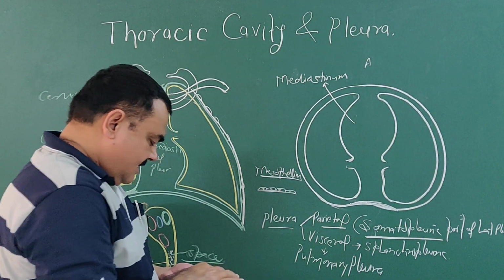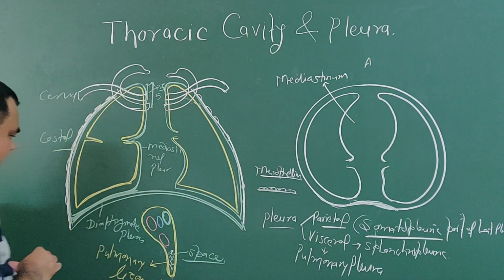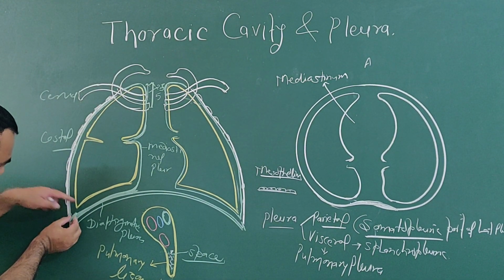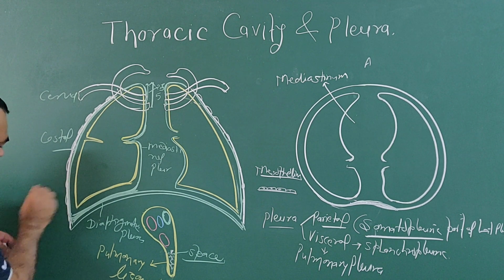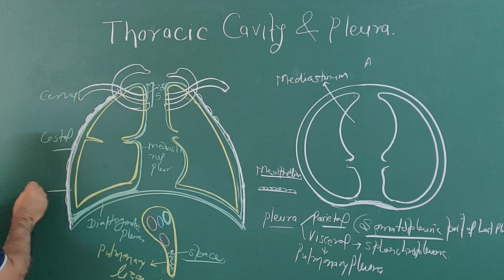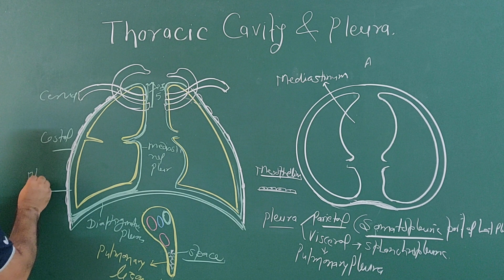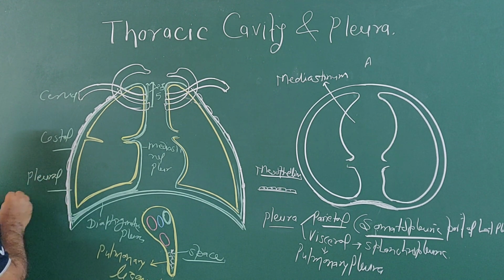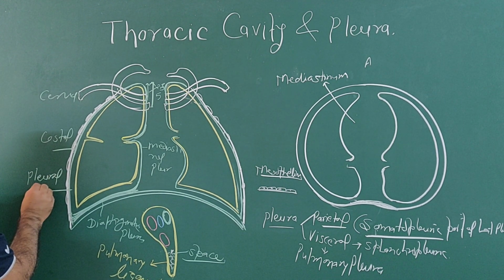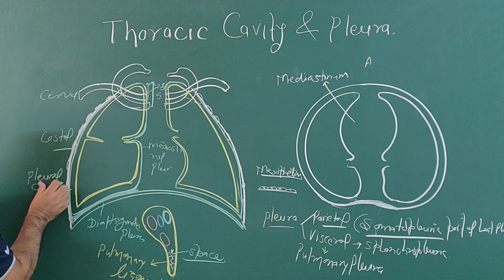Now you can see here between parietal and visceral pleura there is space. This is known as pleural cavity. This is pleural space or pleural cavity. Sorry, pleural space.